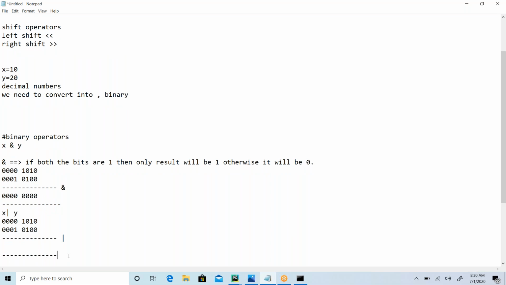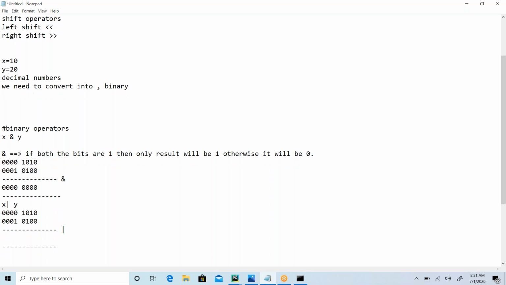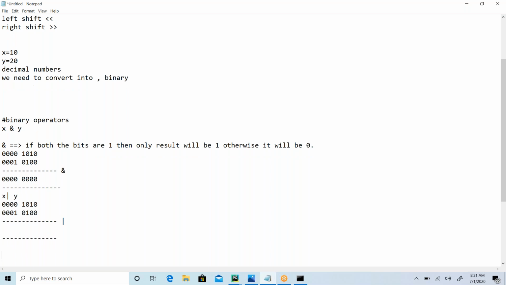So if I have 2 bits, one bit true and the other bit false, in the case of OR, if any one of them is true, then it will be true. If any one of the bits is 1, then the result will be 1.